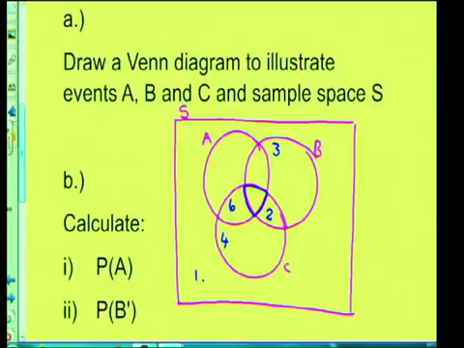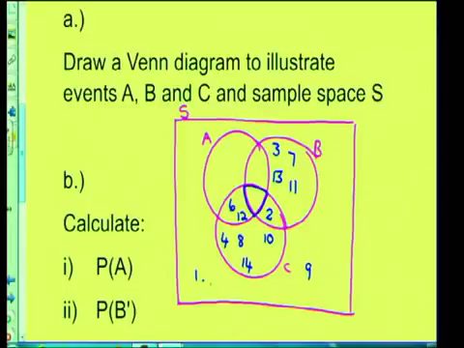7 is prime, so it lies over here. 8 is even, so it's over there. 9 is not prime, not even, and not a multiple of 6, so it's outside here. 10 is even. 11 is prime. 12 is even and a multiple of 6. 13 is prime. 14 is even.